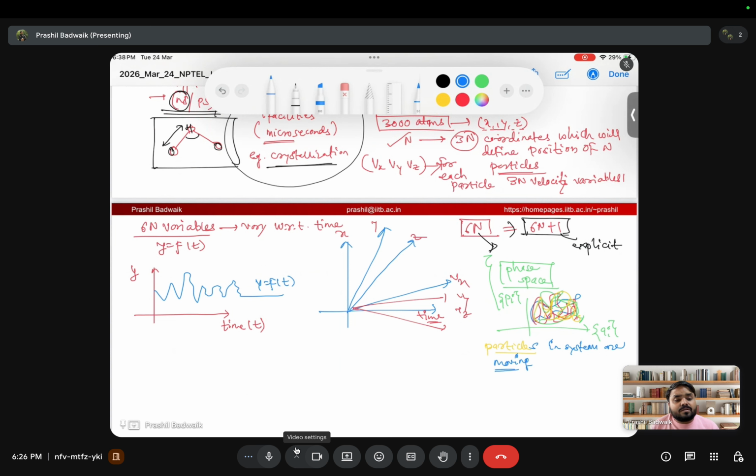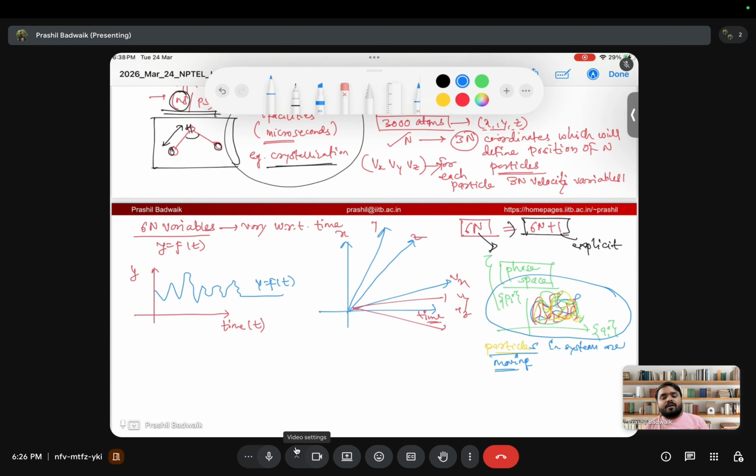This will keep track of that. So we will see this variation of position and velocity, where each point will have 6n values. So this is referred to as phase space, and phase space has information about positions and velocities.